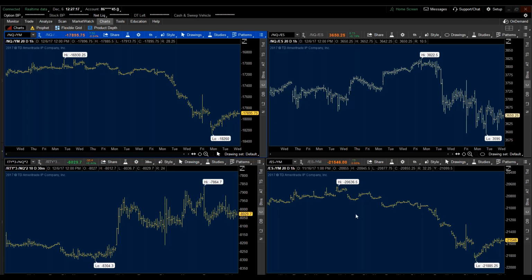It seems like the S&P and the NASDAQ are inexpensive and the Dow is expensive.